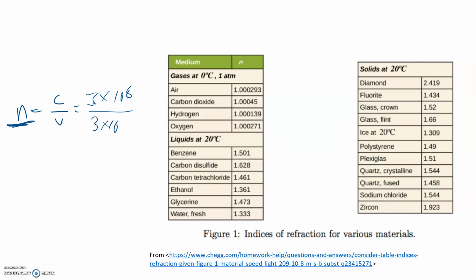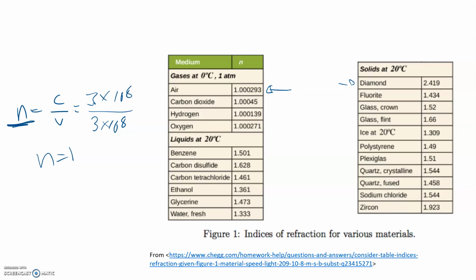It's basically 3 times 10 to the 8 still, maybe a little slower, which gives us n equal to 1. In this table we see it's a little more than 1. So air doesn't really slow down light. But these other substances have different n's, and these slow down light quite a bit. For example, diamond over here has a big one. With these given constants, we're allowed to solve for incident angles and how light bends and travels in different substances.